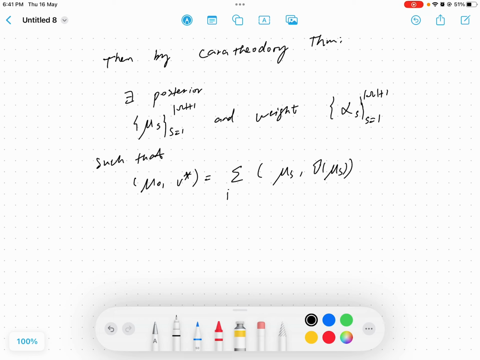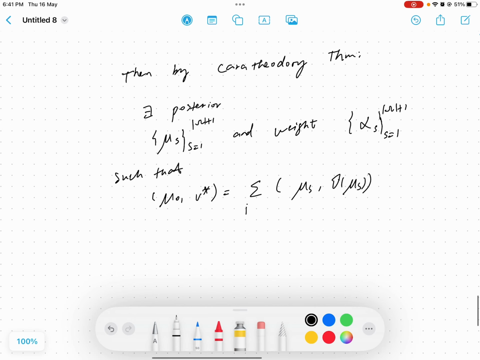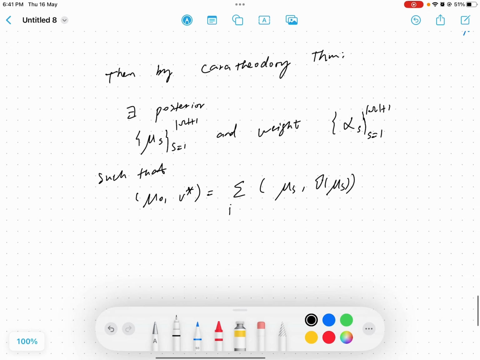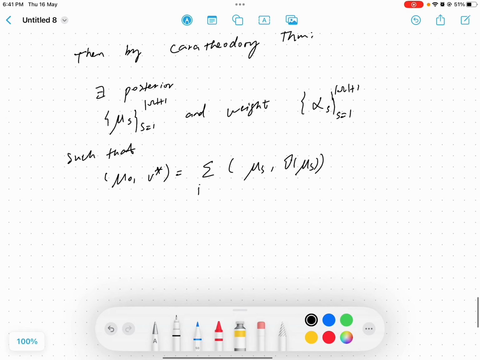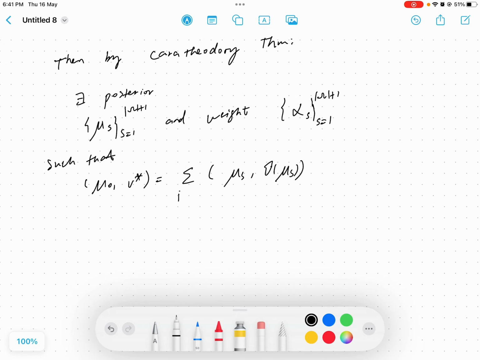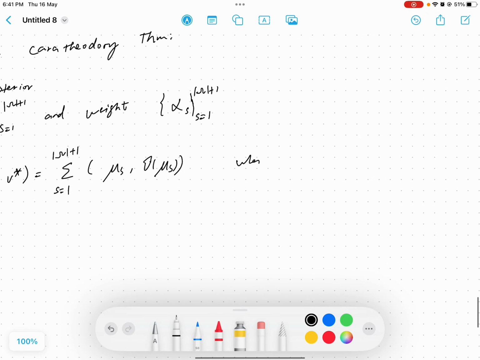All right, so this S here is not the S that we used before. It is simply some random S from 1 to the cardinality of omega plus 1, where the summation of alpha over the S's equals 1, because this is the weight, just for the convex combination.